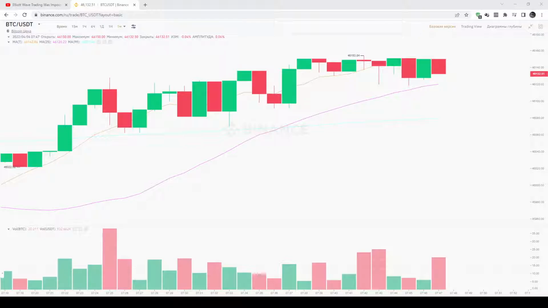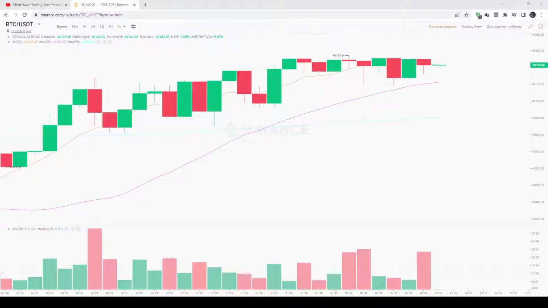Motive waves can be classified further as impulsive waves or diagonal waves depending on the format and location within the overall structure. Impulsive waves are the most common form of motive waves and the easiest to spot in the market.